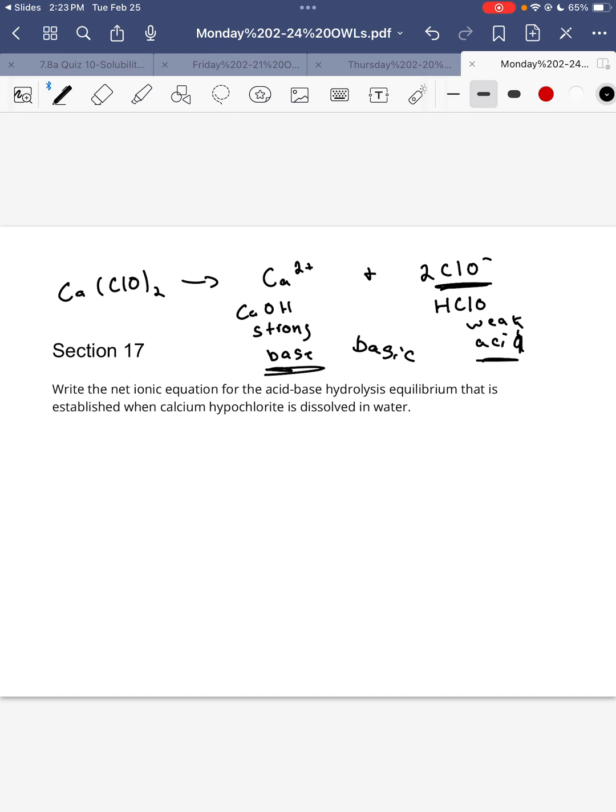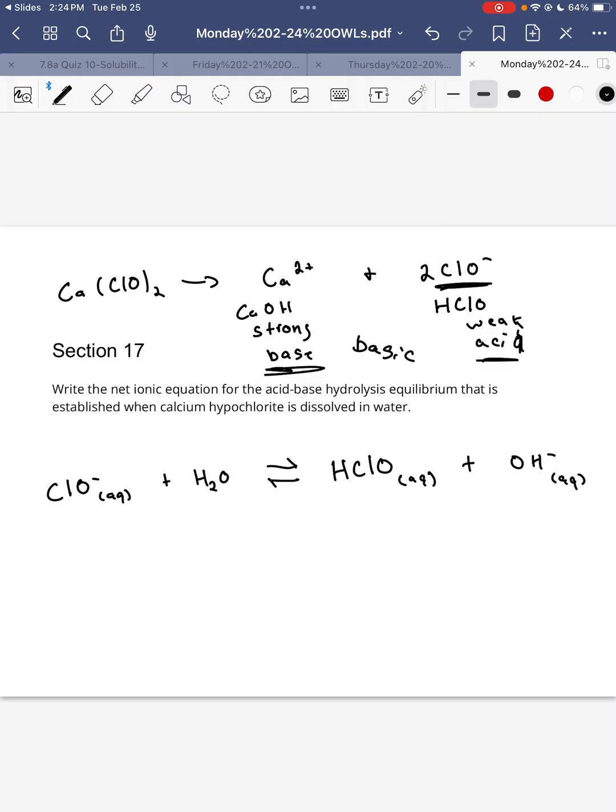So we take our hypochlorite ion. We write it interacting with water. And we see what happens. It acts as a proton acceptor to form HClO. And water acts as a proton donor to form OH minus.